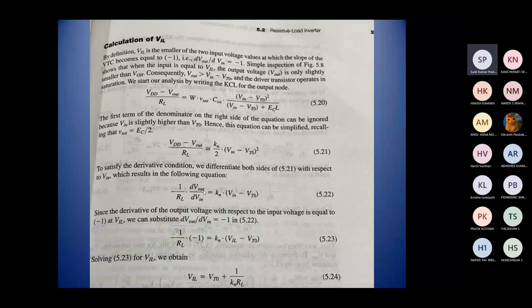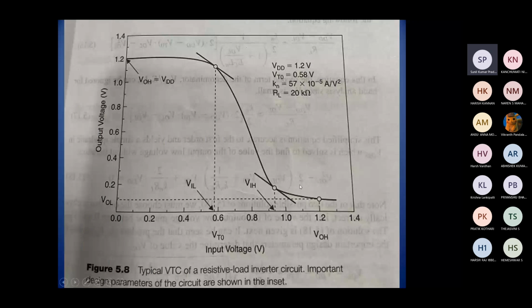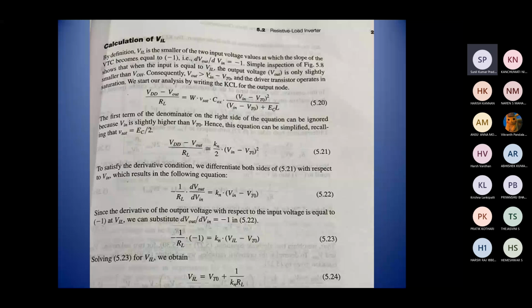So we put this value here, and it comes to Kn times (Vin minus VT0).